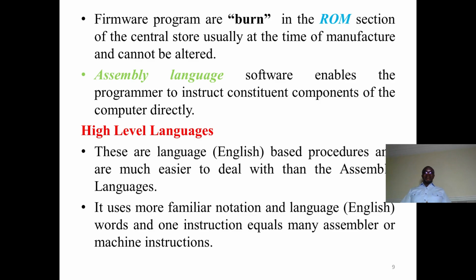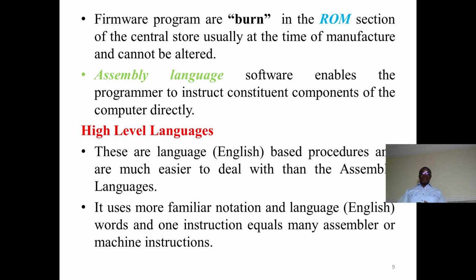The next level of software is called the high-level language. These are languages, it could be English language, it could be any other language. The high-level languages are language-based procedures and are much easier to deal with than the assembly languages.